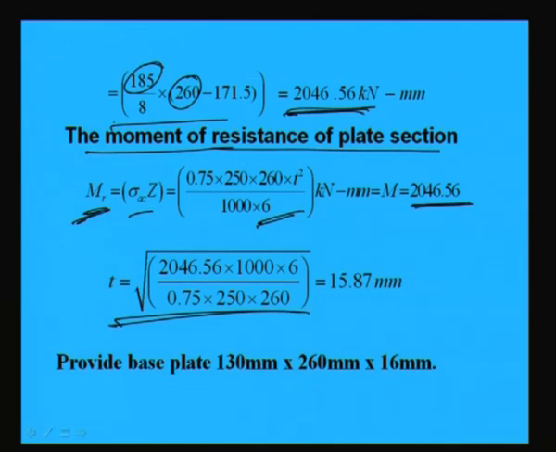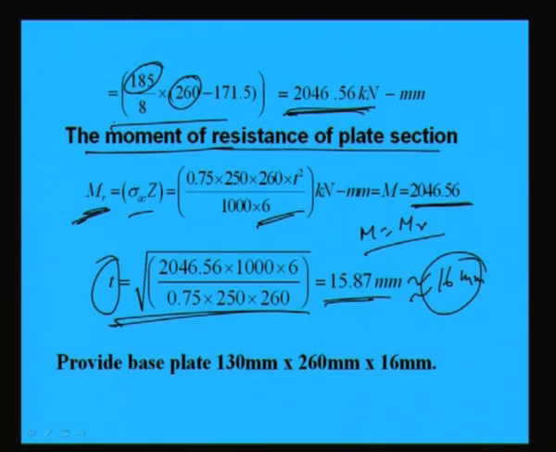The thickness of the plate is coming 15.87, which means we can use 16 mm. So how are we finding the thickness? By making M equal to MR. From these two equations we can find the value of T, and T we are finding as 16.